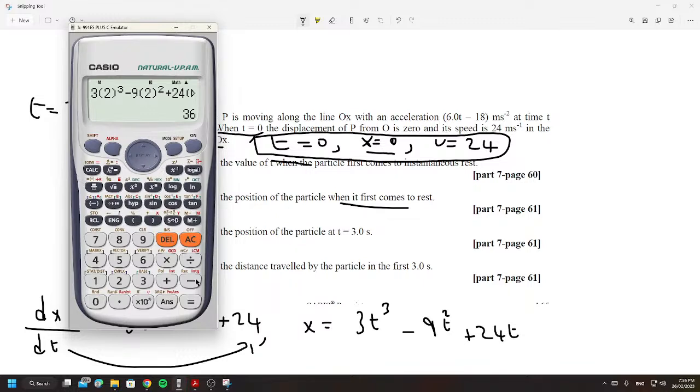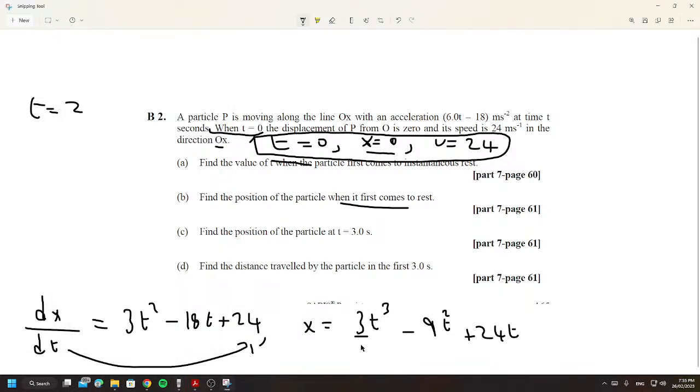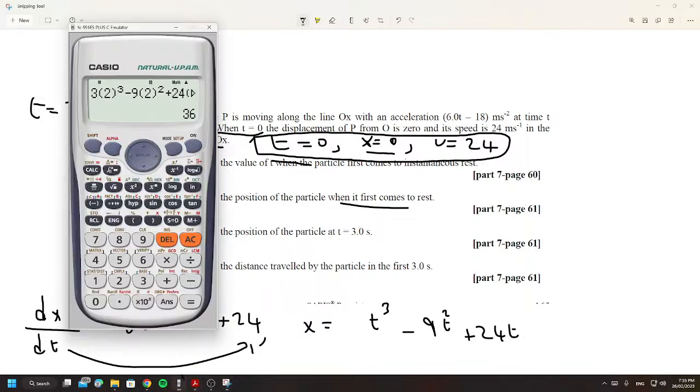Wait, okay, what is this? Oh my god, I'm so bad at integration, it hurts. Okay, so this is just t. Now we're going to find c again. So c is equal to 0, and then if we substitute here, so ignore the 3, then yes, we get 20, which is our answer.